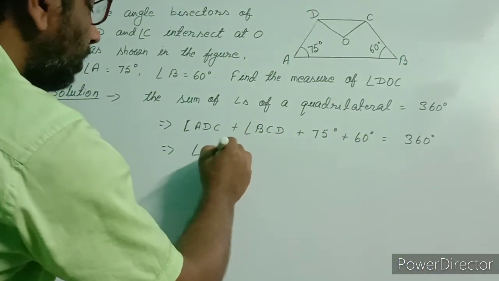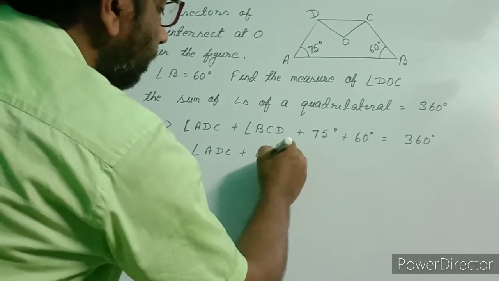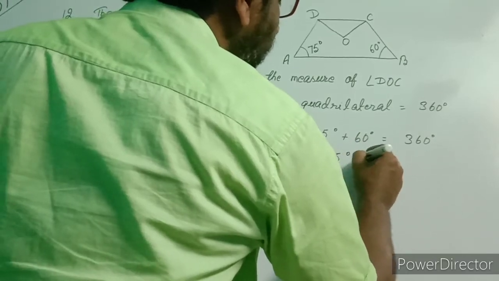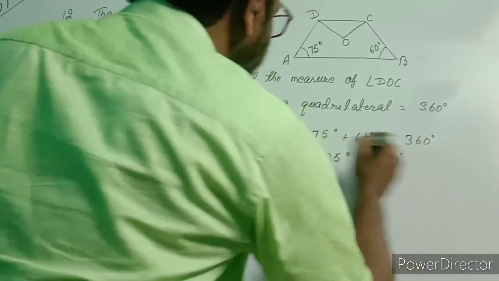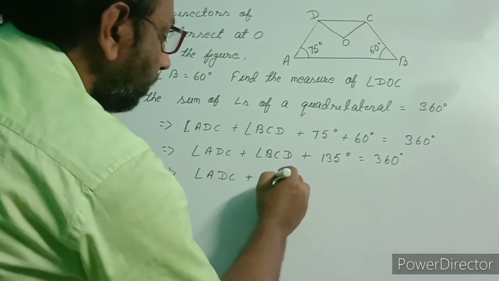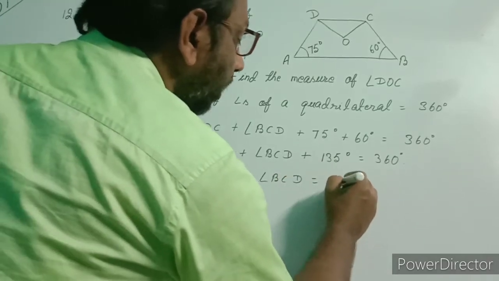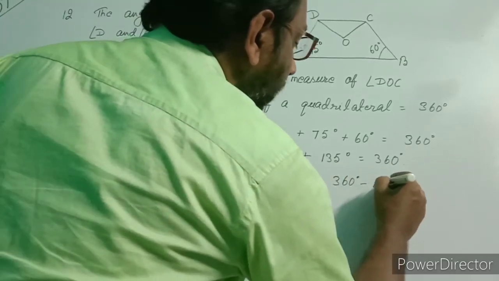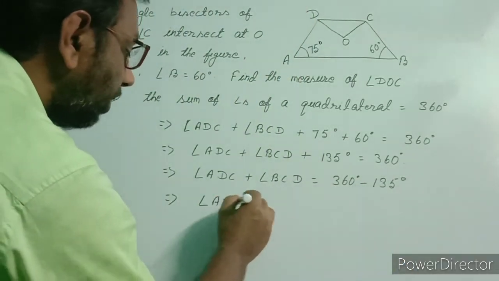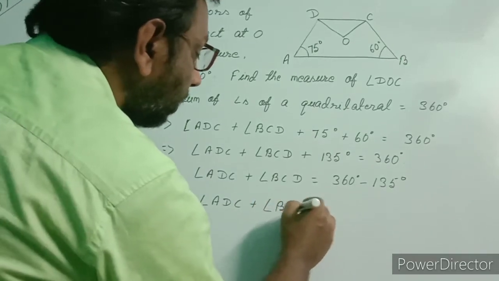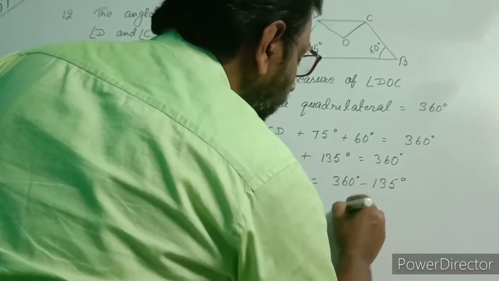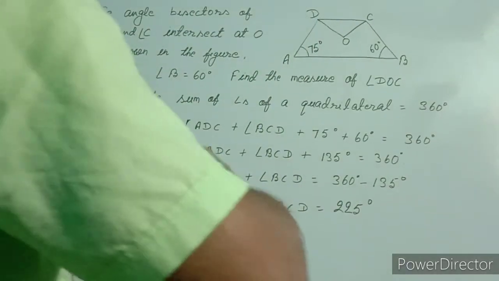Angle ADC plus angle BCD plus 135 degree equal to 360 degree, implies that angle ADC plus angle BCD equal to 360 degree minus 135 degree, implies that angle ADC plus angle BCD equal to 225 degree.